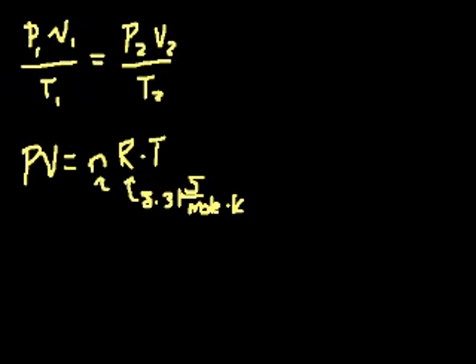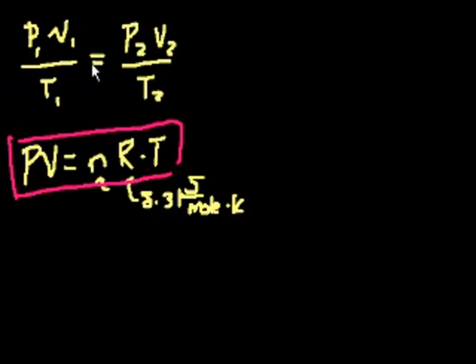So let's see if we can do a problem that I can make up on the fly of this situation. Let's say I have a balloon, and the volume of the balloon is, let's say, 1 meter cubed. So this is a big balloon. That's fairly large if you imagine a cubic meter.